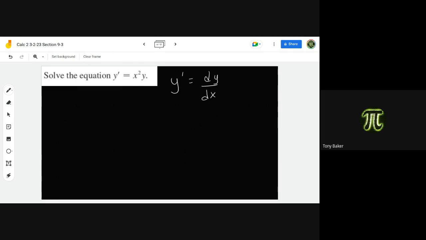And this one you should be able to solve for y. So you want to solve this one for y.